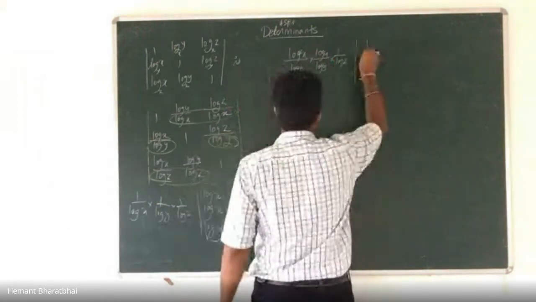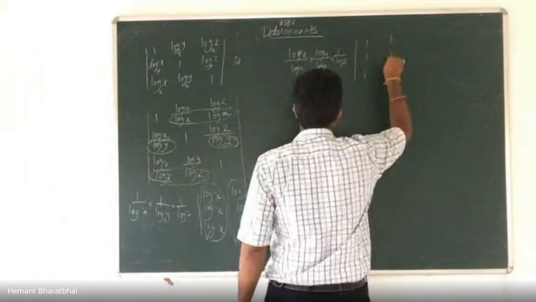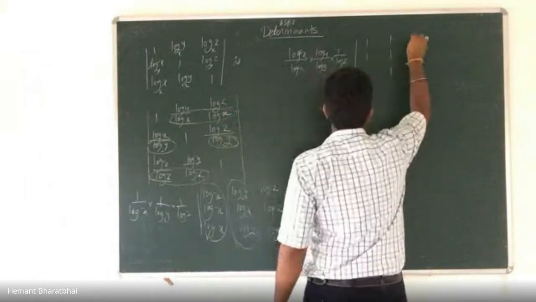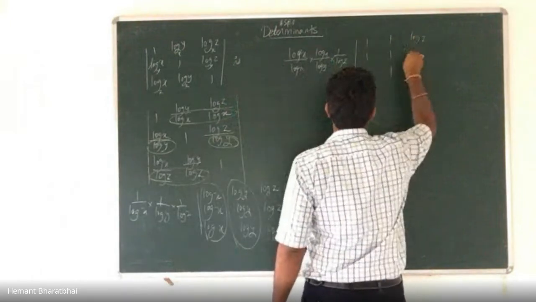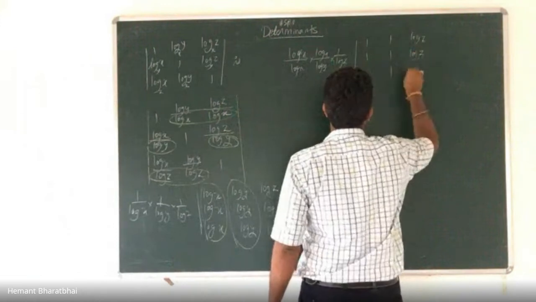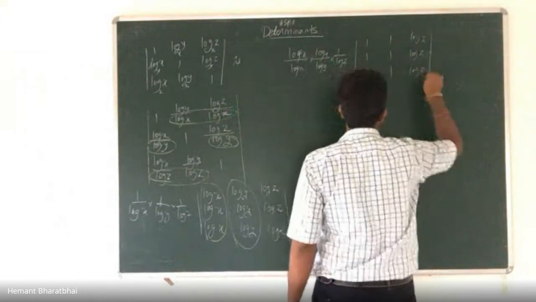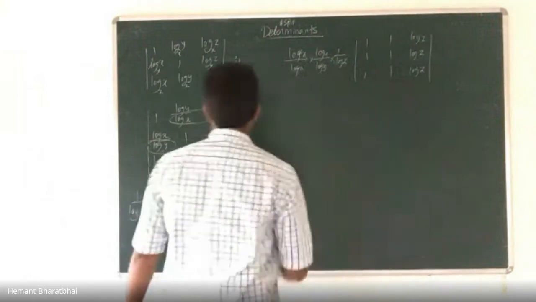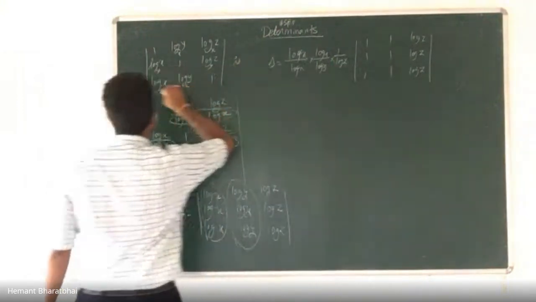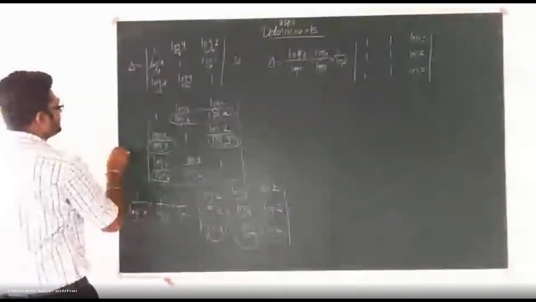Here I'll get 1, 1, 1. Here also I'll get 1, 1, 1. And here I'll get log z, and log z. So the determinant of this.